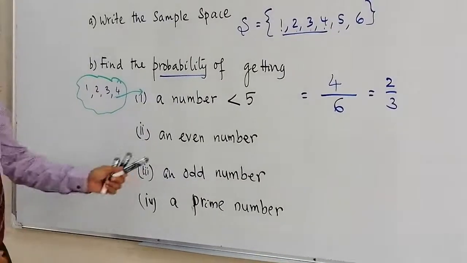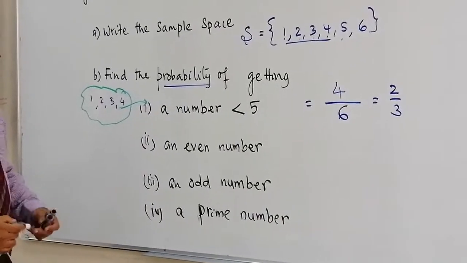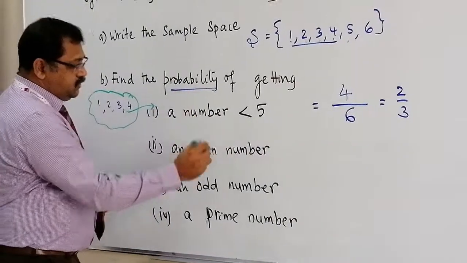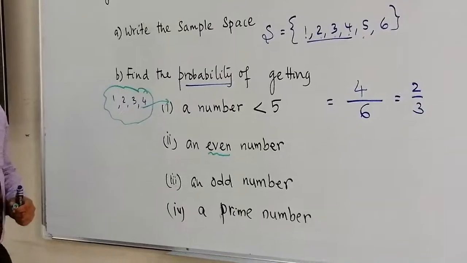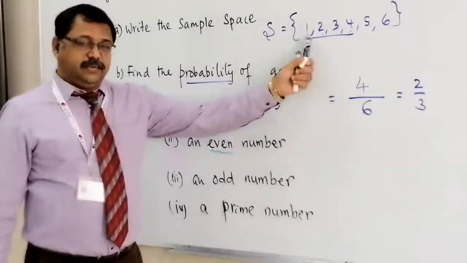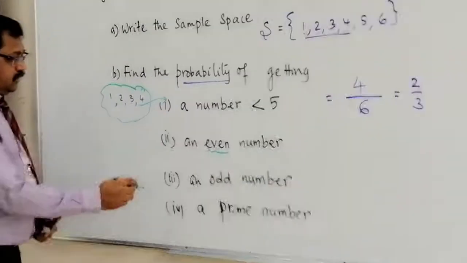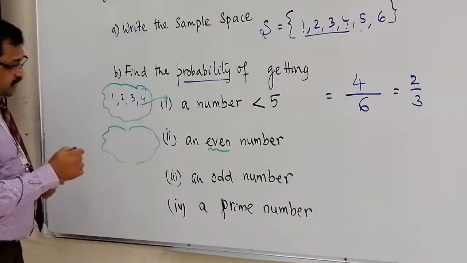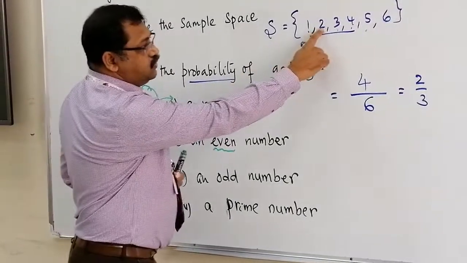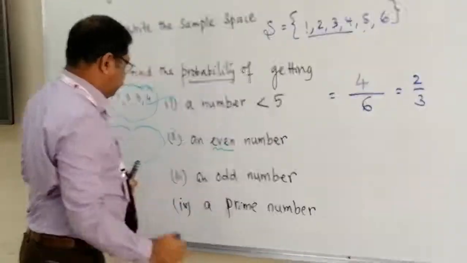Look at the second question here. What is the probability of getting an even number? So what are the even numbers from the sample space? We know the even numbers are 2, 4, 6.